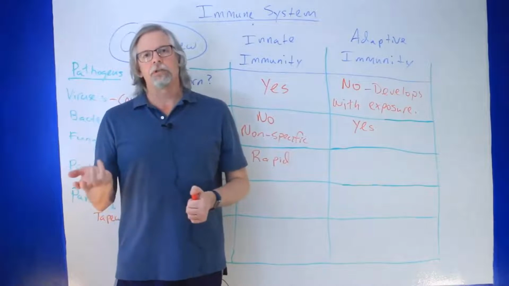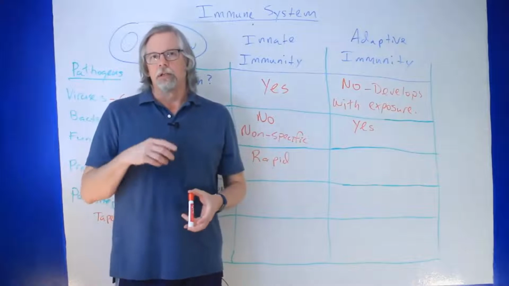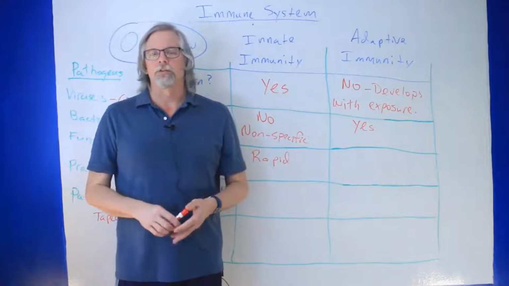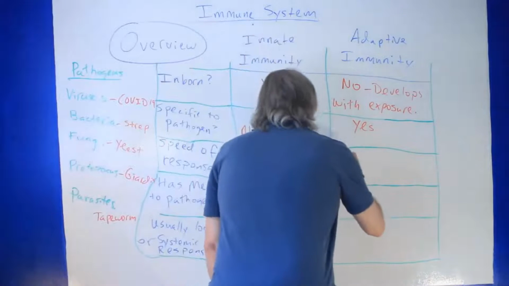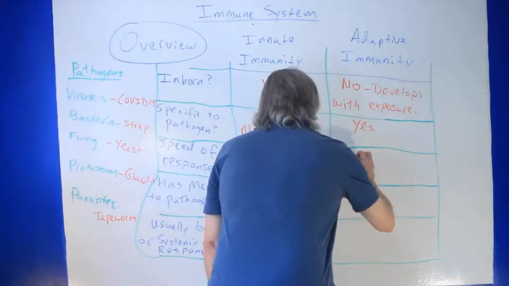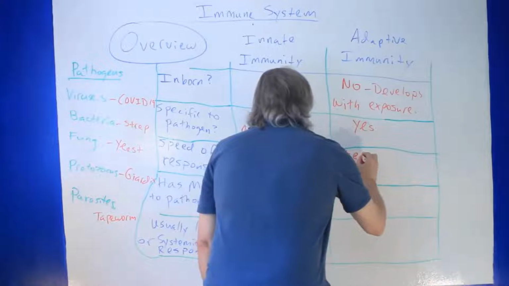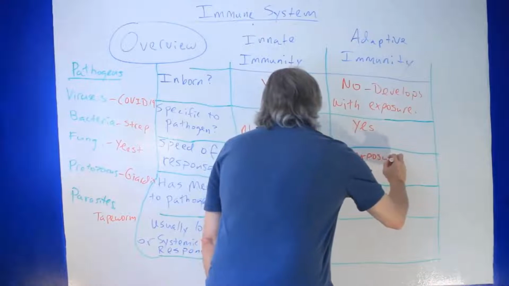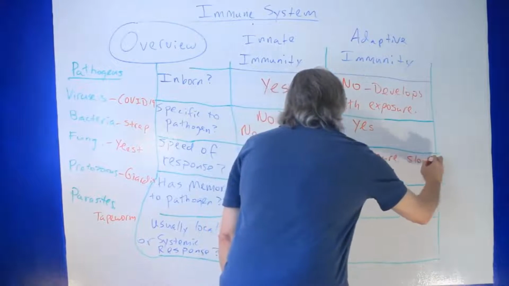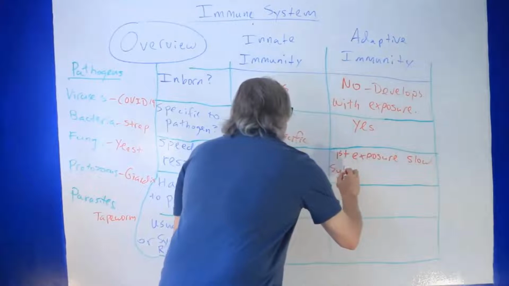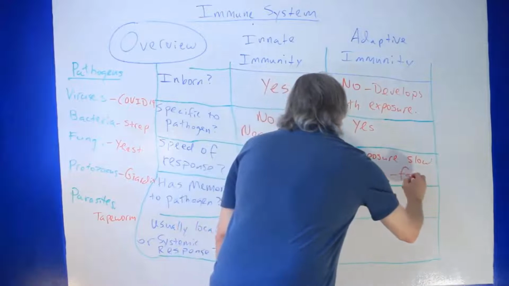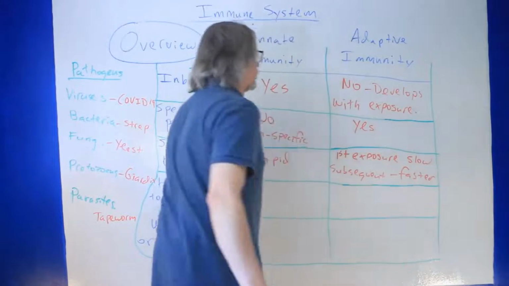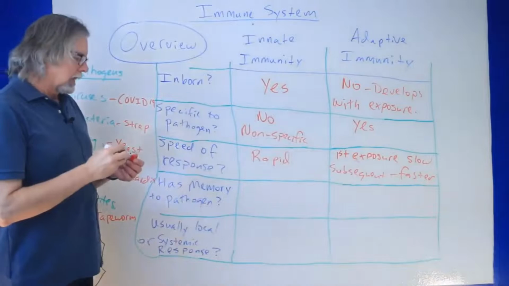But if you're exposed to that pathogen again, the adaptive immunity is much more rapid. So I will say this: the first exposure is relatively slow. Any subsequent exposure is faster. Okay?